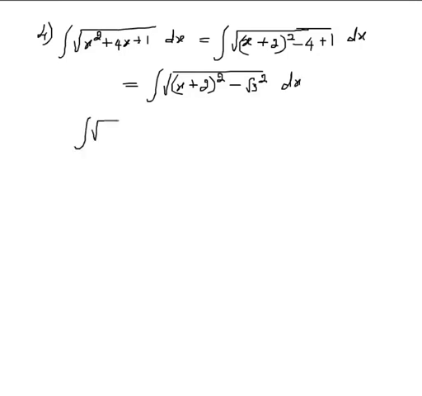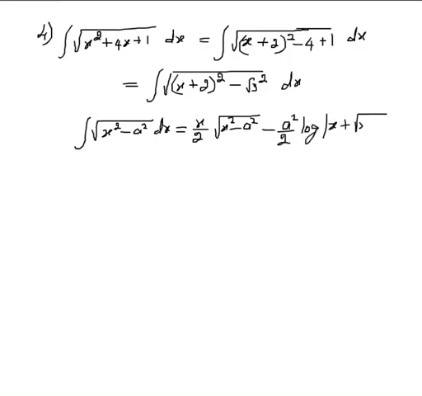Now use the formula of integral root of x square minus a square dx, which is x by 2 root of the same expression. This has a minus sign, don't forget this minus sign. A square divided by 2 log of absolute value of x plus root of x square minus a square and plus c.